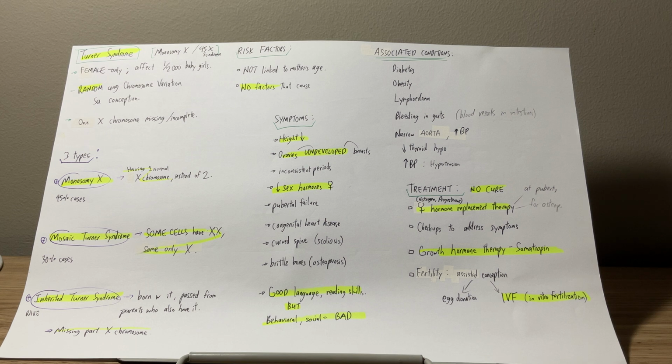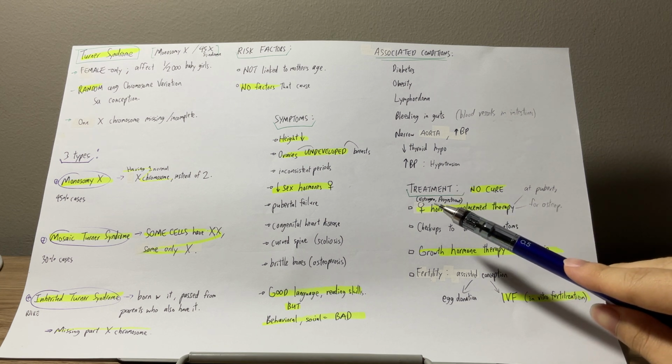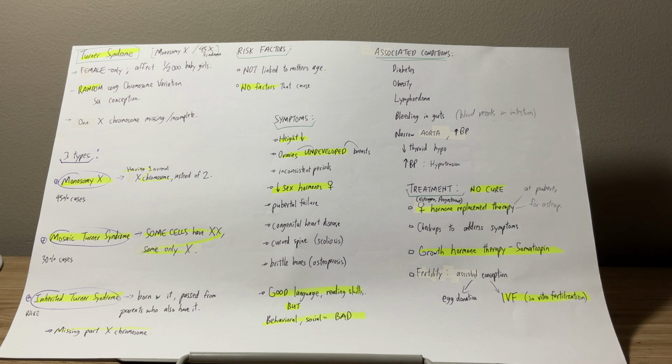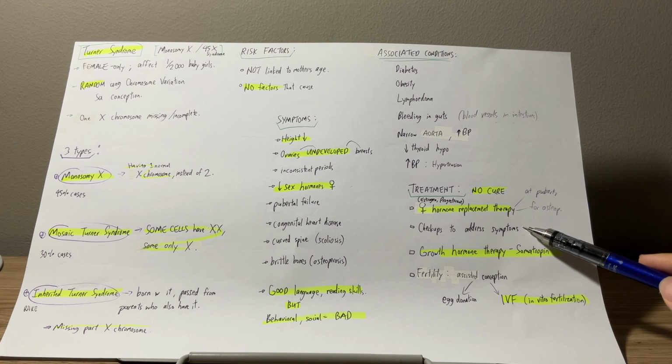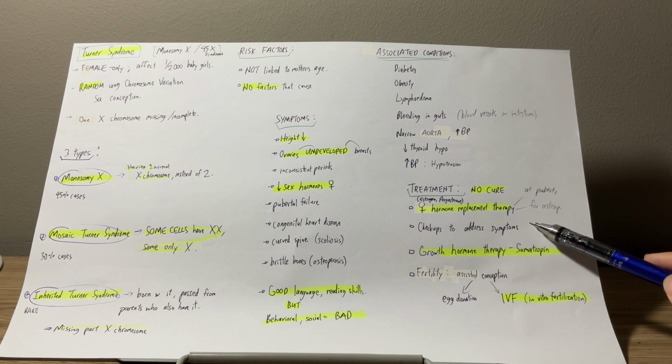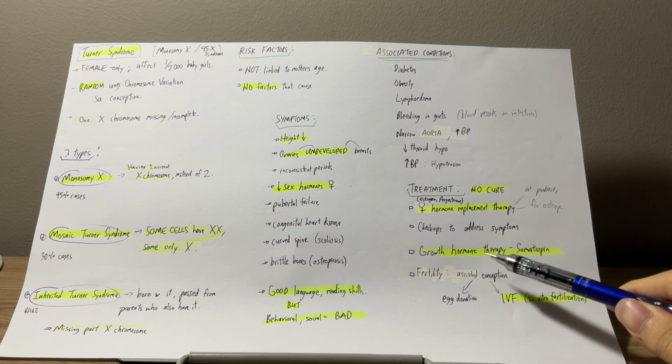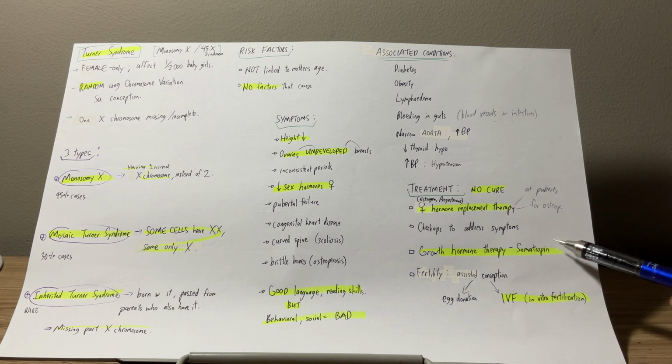I might be wrong. But yeah, it's safe to say that these are reflected in a woman in general. And yes, checkups to address symptoms, the band-aid solutions, basically, growth hormone therapy, more specifically somatropin.